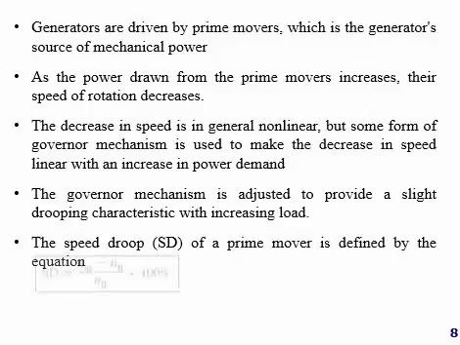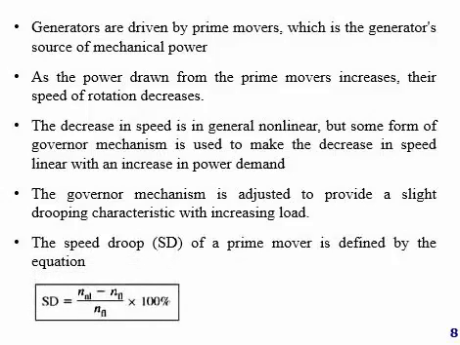We will see this whole scenario in a figure in the next few slides. The speed droop of a prime mover is defined by this equation, where two speeds are considered: one is the speed with no load, NL, and the other is the speed with full load, FL.